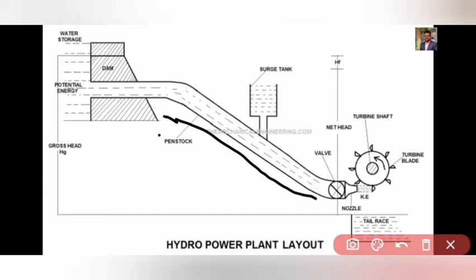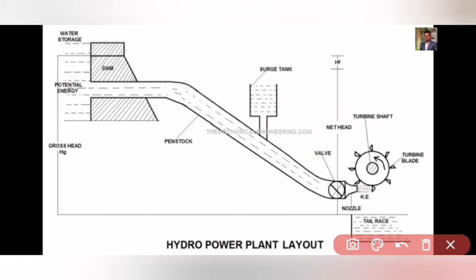And also remember the work of the surge tank. When we require less load, we want to produce less electricity, so we want less water to go through. By the help of the valve or gate, we just close it.